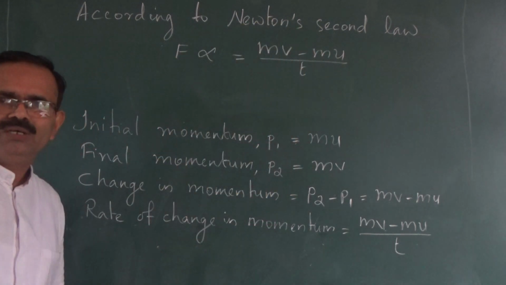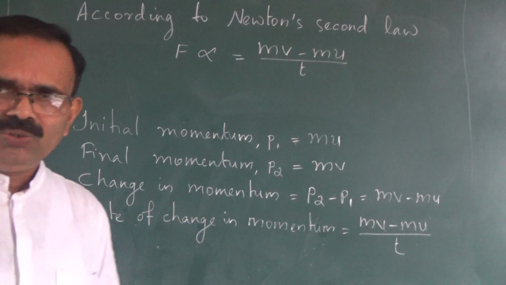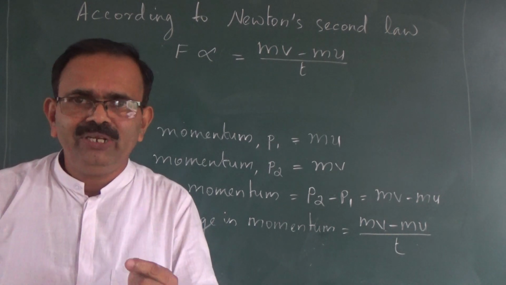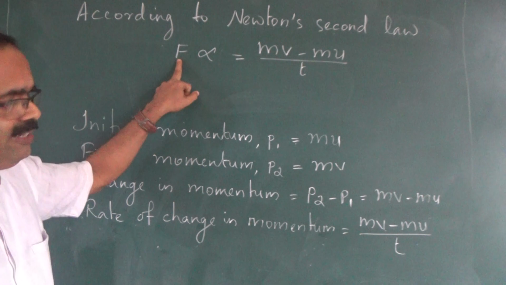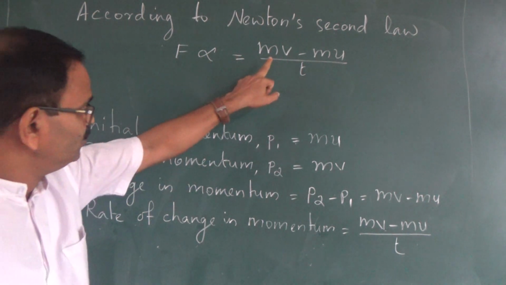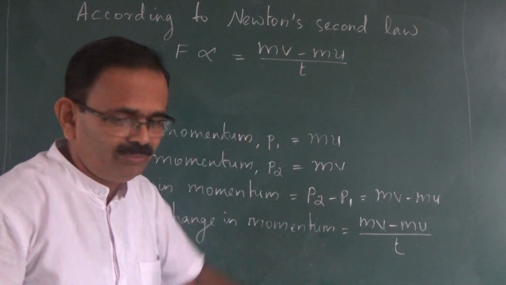According to Newton's second law, rate of change of momentum is proportional to the external force. So we get F proportional to mv minus mu by t.